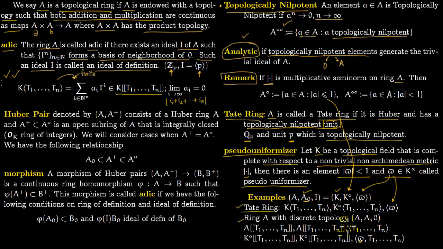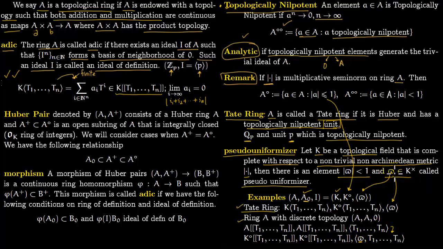The ring of definition is A. Then you can talk about power series like this, and this is the ideal of definition. And then again, for this K topological field, you can talk about K circ power series like this. And then you have exactly the same thing here, now instead of a ring A, you are replacing it with K circ. So now you have a pseudo uniformizer right here, the same pseudo uniformizer that is here.